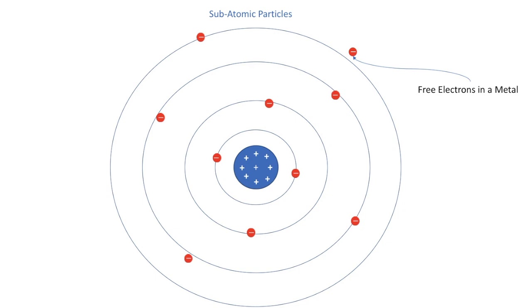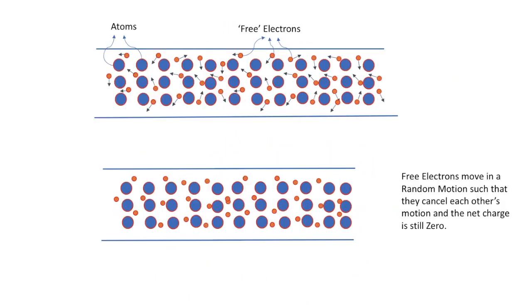So let's consider a wire that's made up of a metal such as copper or aluminum. If we take a cross section of this wire, you see the blue atoms, and these tiny dots pointing in different directions are the free electrons. Now, these free electrons are moving around at random.